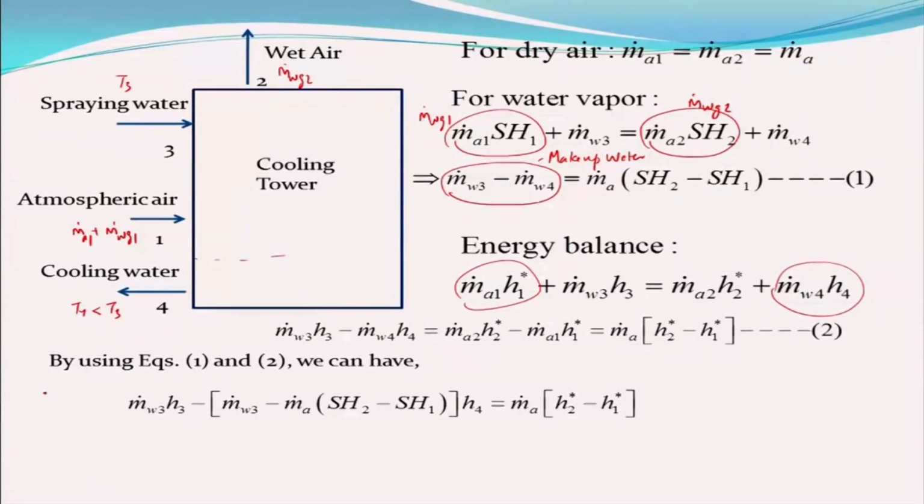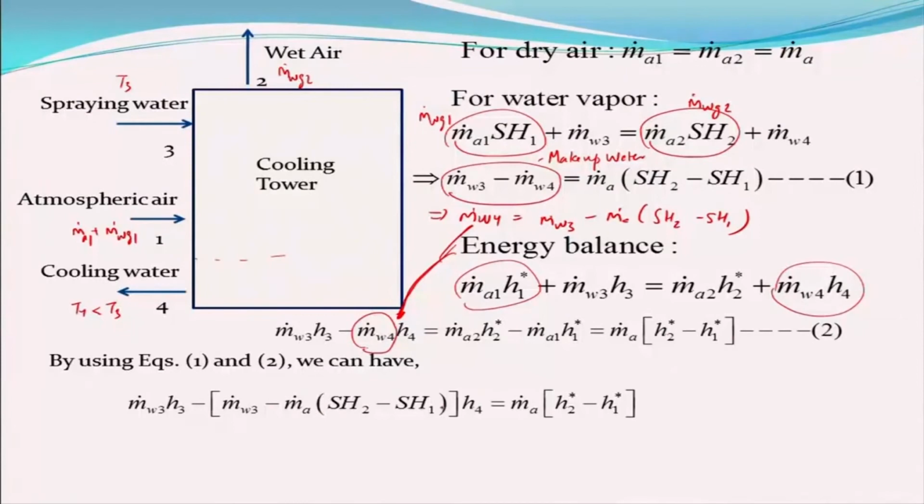So therefore there is a change in enthalpy, which you can take out. In this case, in place of m_w4 I can use this expression, that is m_w4 is equal to m_w3 minus m_a (ω2 minus ω1), and I can use this expression over here.